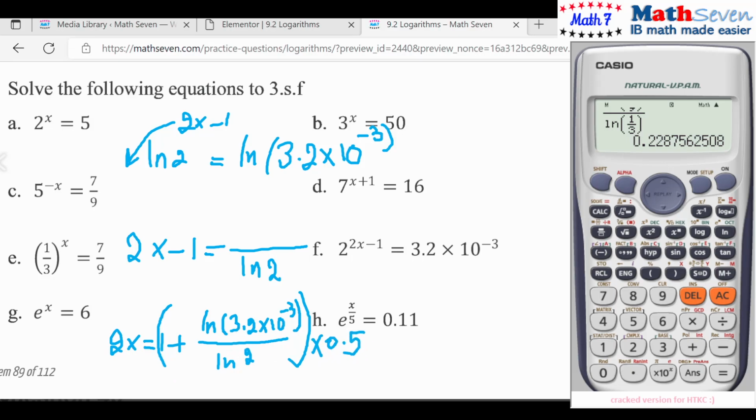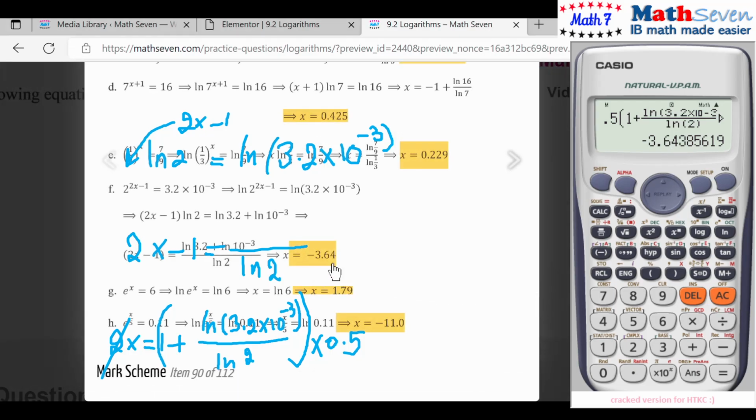Enter all of this on the calculator. Look, first you write 0.5, brackets, 1 plus division bar, ln 3.2 times 10 to the power of negative 3, close the brackets, down below ln 2, close this bracket, close this bracket, equals minus 3.64. Check the mark scheme. Minus 3.64, done.